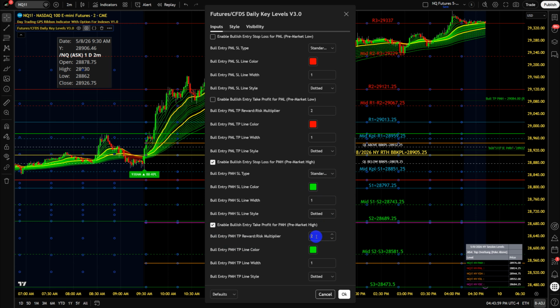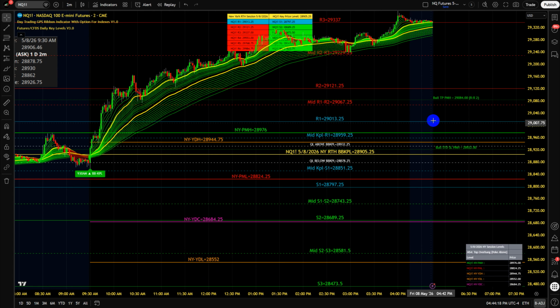The reward risk multiplier goes in 0.25 increments up or down. So it goes all the way down to 0.25 if you would like to do that. The standard is going to be 2 to 1. It goes all the way up to 30 to 1. So as an example here, we have bullish take profit, PMH, bullish standard stop loss, PMH.